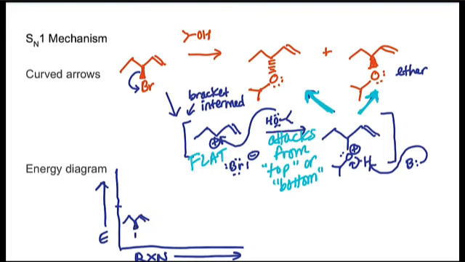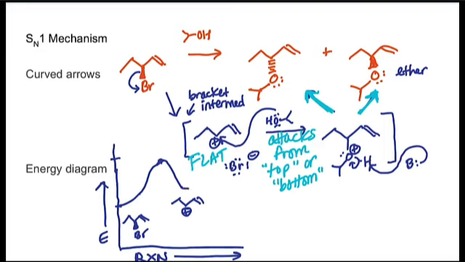So I'll draw that starting material right there. The reaction is going to proceed so that the alcohol and the alkyl halide approach one another, and there's some sort of activation energy. There's some sort of transition state energy, which is the highest point here on this energy scale. And then we dip back down in energy to form the carbocation intermediate.